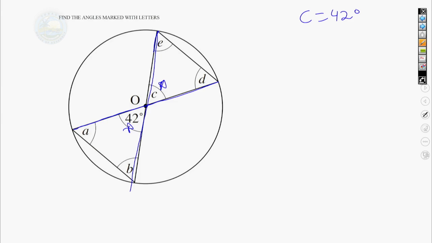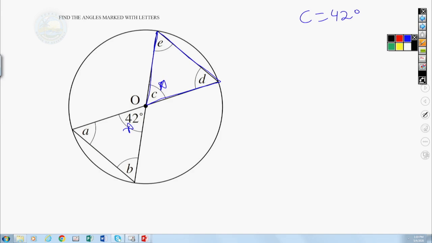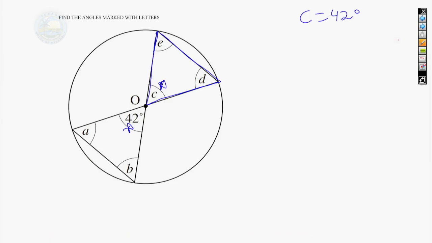Now watch this. I'm going to draw two triangles here. So here's this triangle, this one in blue, and let's draw the next one in red. What do we know about those two triangles?